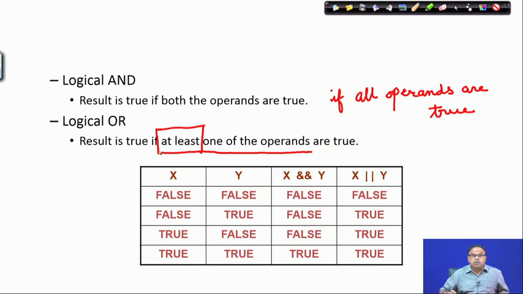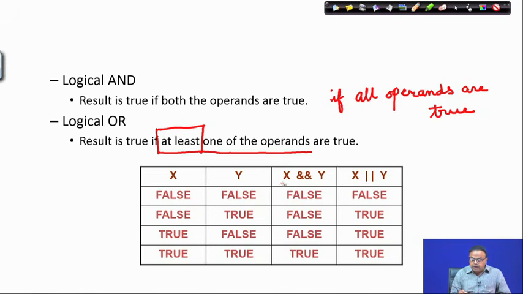So, let us look at the truth table here. X and y, any of them can have the value false or true. Accordingly, we can have 4 combinations: x false, y false; x false, y true; x true, y false; and both x and y true.